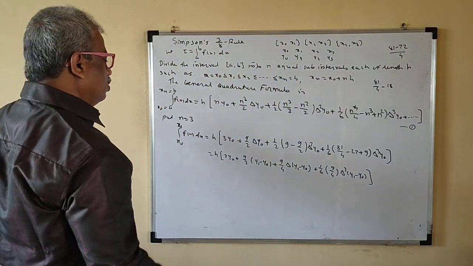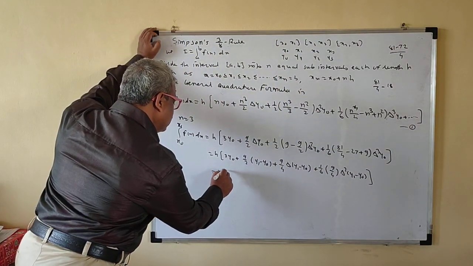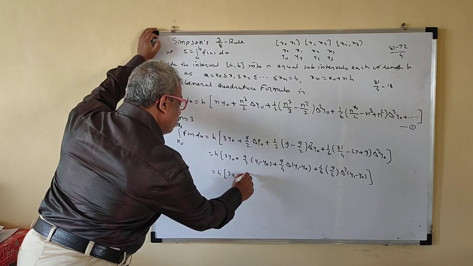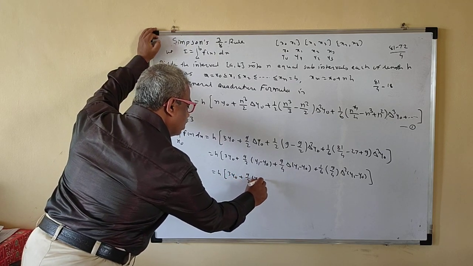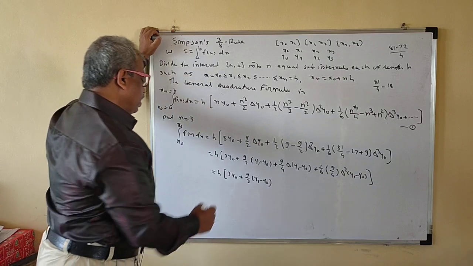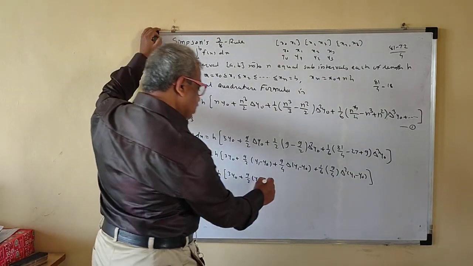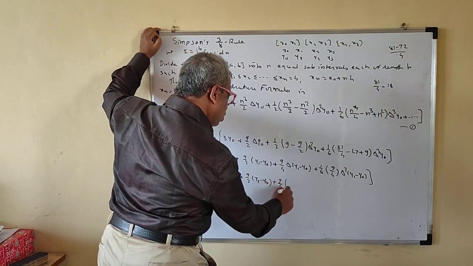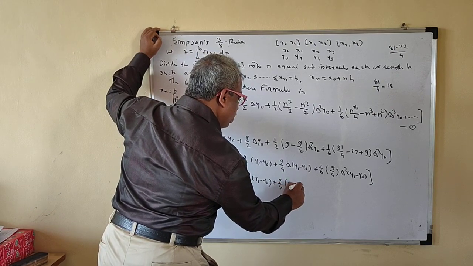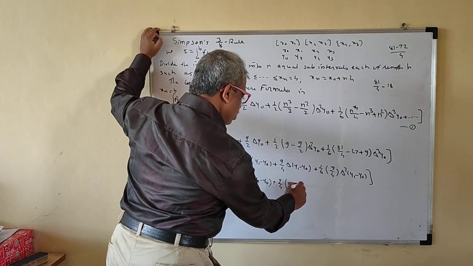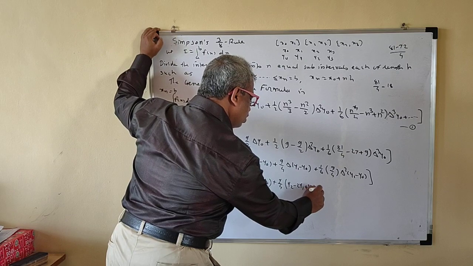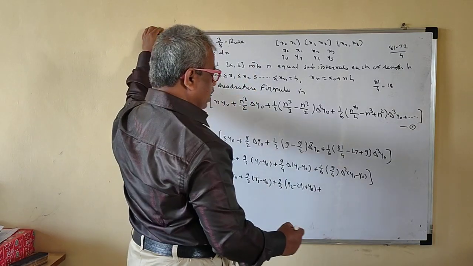Now I will write this as it is: 3 y0 plus 9 by 2 times y1 minus y0, plus 9 by 4 times, y2 minus 2 y1 plus y0.